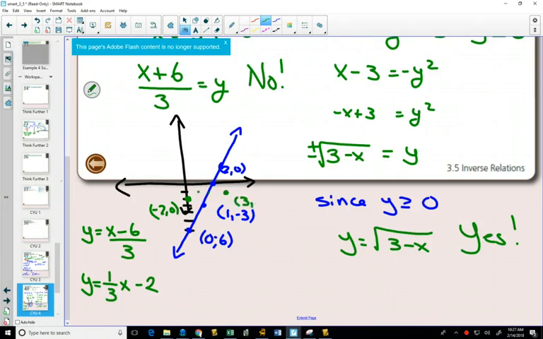Sorry, I labeled this point 0, -2. Up 1 over 3, up 1 over 3. And the second graph looks like this.